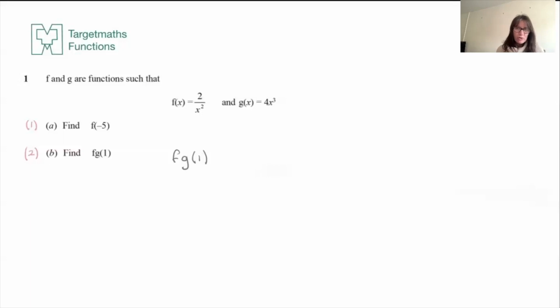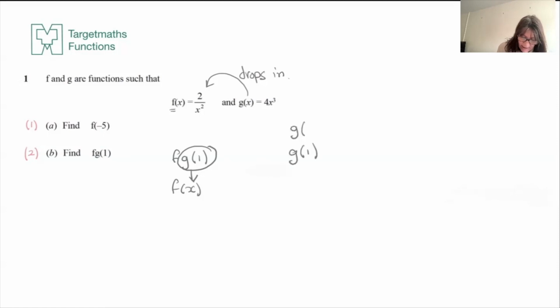But what they're actually doing, or certainly the way that I think of it, is I think, right, I've got my function of x that's mentioned first in the question, and this is dropping into it. So I always see the first letter that's given to me, and then the second letter drops in. It's quite a nice way of thinking about it. Well, I can't drop g of 1 in until I have found g of 1. So that's task number 1.